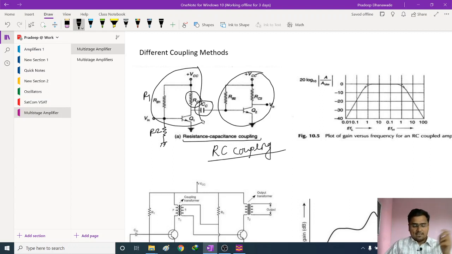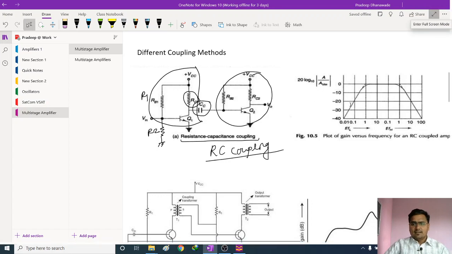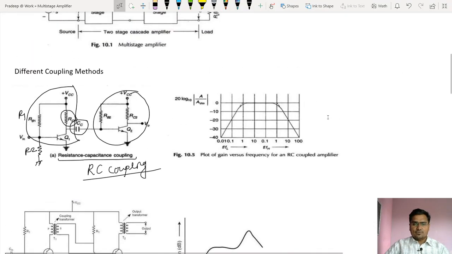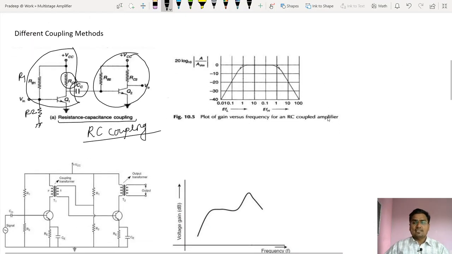And we have studied the frequency response also. Here also, in case of two stage RC coupled amplifier, we have this frequency response. There is no change in the frequency response. See, gain decreases at lower frequencies, even gain decreases at higher frequencies, and at mid frequencies gain is constant.